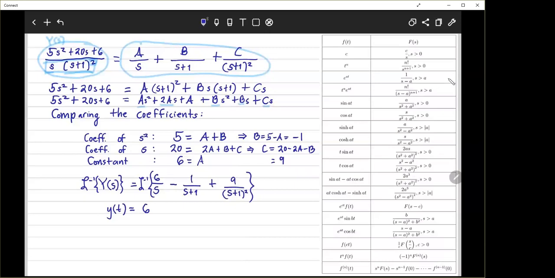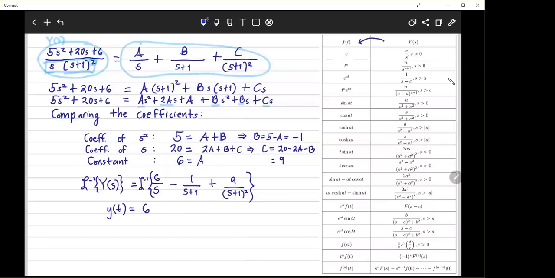So for the first term, which is 6 over s, inalis ko na yung 6. Okay? It's just a constant. So ang matitira ay 1 over s. And now I'm going to look at the inverse Laplace of 1 over s. So for the inverse Laplace, I'm looking at my table from right to left.